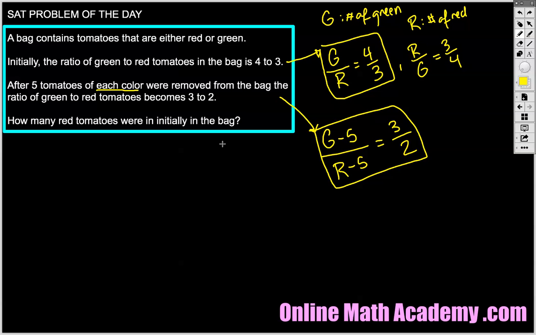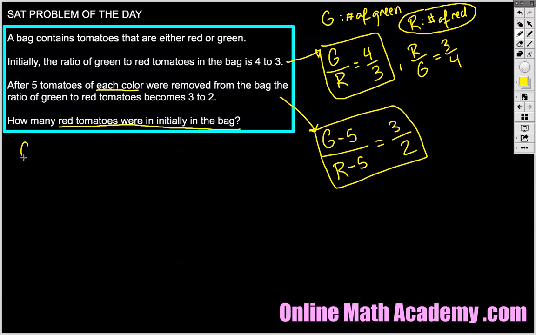Basically, what we want to know is the number of red tomatoes that were initially in the bag. We want to know R, the number of red tomatoes, and I meant the number initially in the bag. You'll see as I subtracted 5 after the fact. So what we're going to do is solve each of these equations for G.